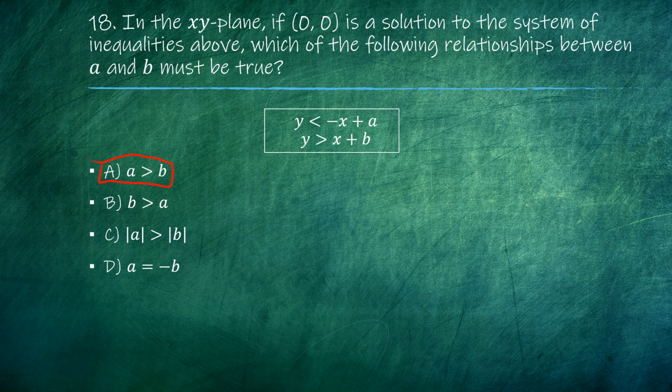To solve this question, they're really asking you to plug this into this set of equations and see what the relationship is between A and B. So let's try that.